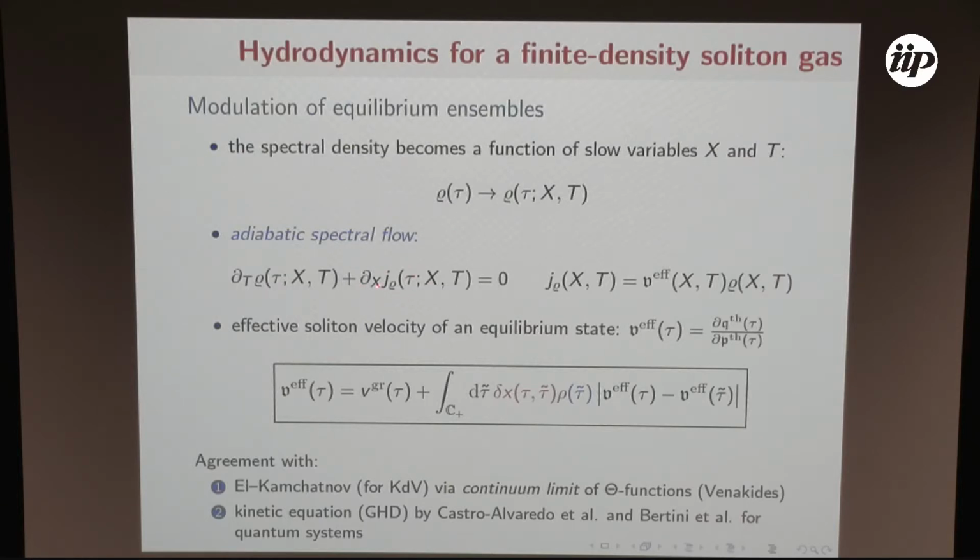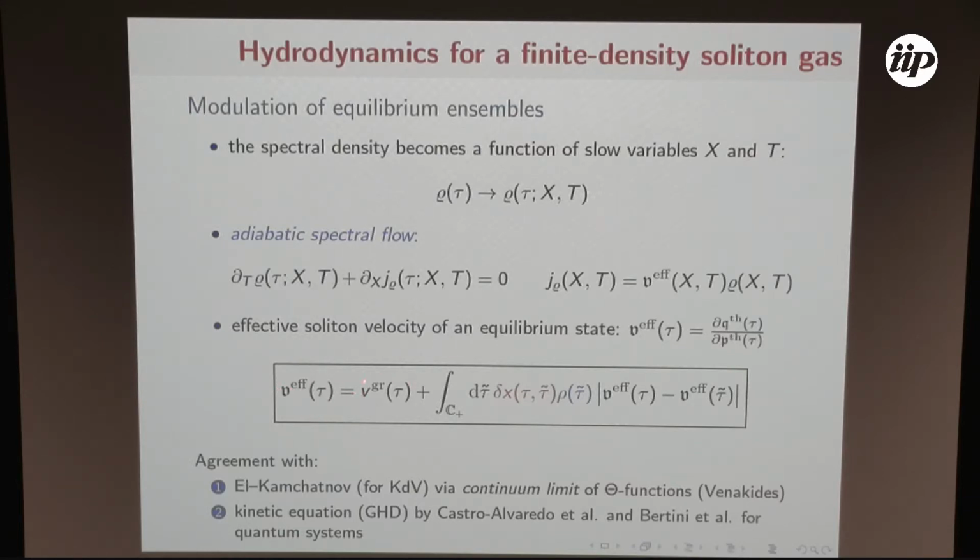And now the spectral flux is nothing but the soliton spectral density itself multiplied with the effective velocity. And the question is, what is this effective velocity? You find the equation for it, and you see that it's again nothing but the thermodynamic quasi-energy over the thermodynamic quasi-momentum as a function of the soliton action variable tau. And it satisfies this integral equation.